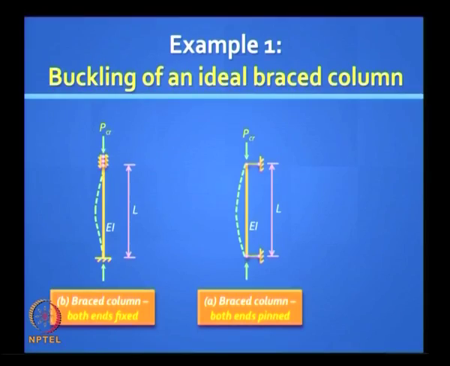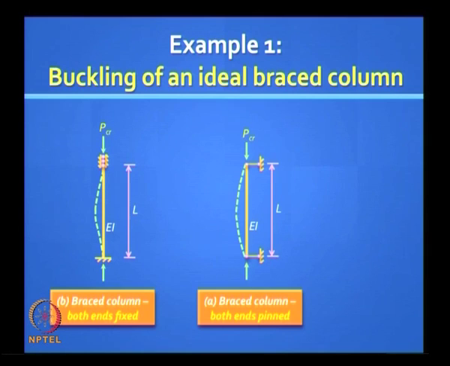Okay, let us apply it to very easy problems to test out this method. We know the solutions for these, we know the Euler buckling load for these two cases, they are ideal braced columns. Case A, both the ends are fully fixed against translation and rotation. Case B, they are fixed against translation, but they are free to rotate, it is a pin-pin condition.